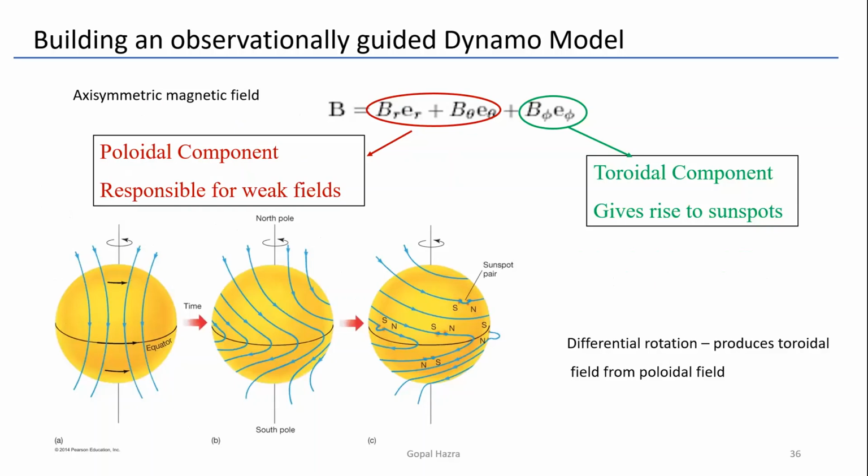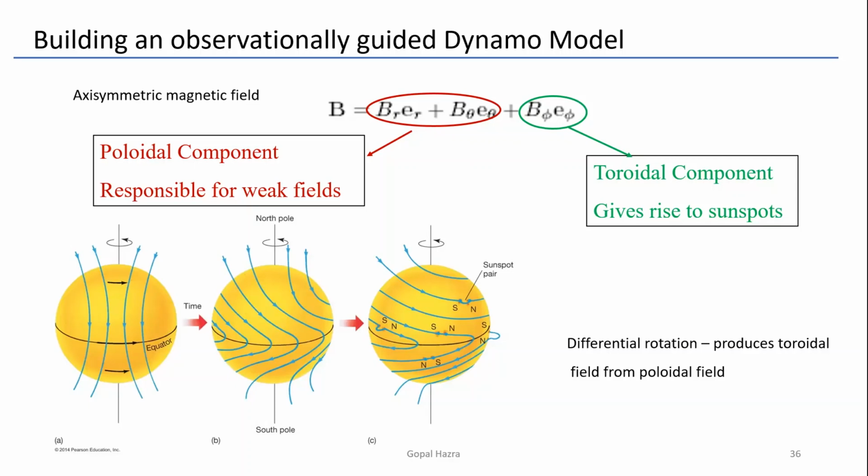Now here comes your question: how is the toroidal field created? Suppose you have the poloidal field, like North Pole and South Pole, and the sun is rotating differentially. In the equation you see there is a term, del cross V cross B, the induction term. When the sun is rotating, this part is not rotating faster, but this part is, so there is a shear going on.